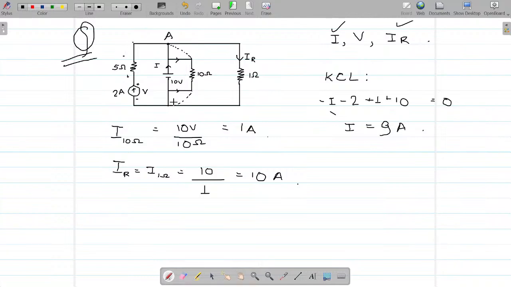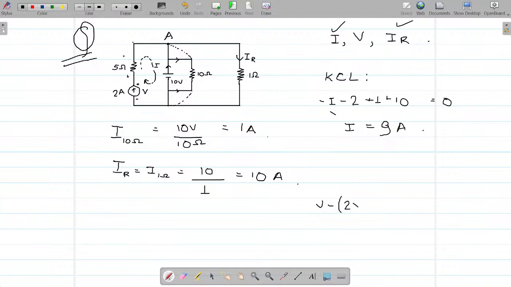Apply KVL in this loop. Okay. Now see. We have to calculate the potential V. Now I am traversing my loop from negative to positive, so I will write just V. Now in the direction of current, what do we experience?